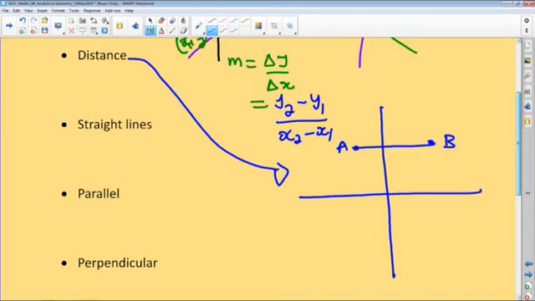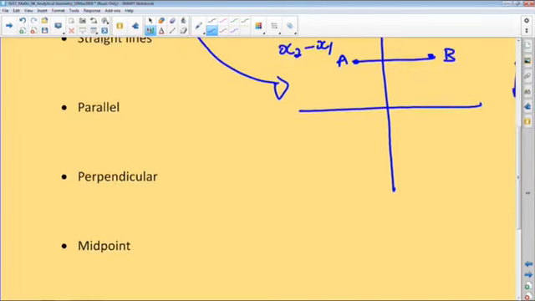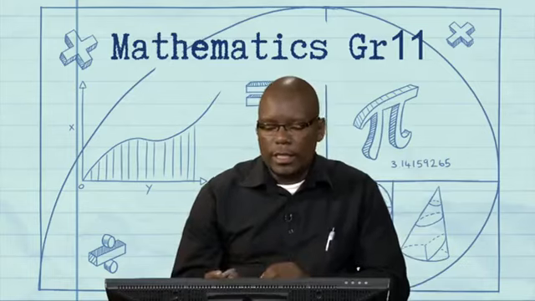But in a situation like this, point A has x negative and y negative, and B has x positive and y positive. You need something that will help you work out the distance.